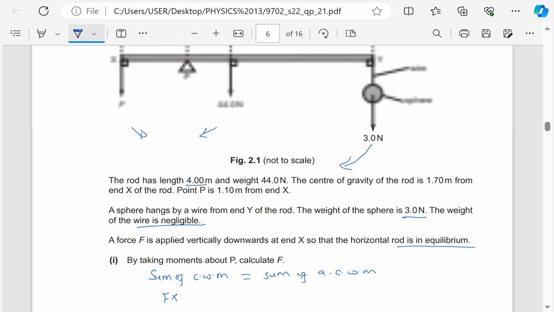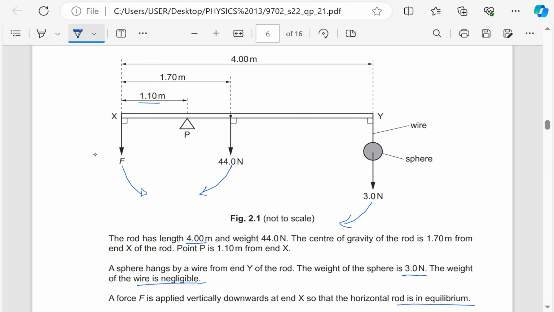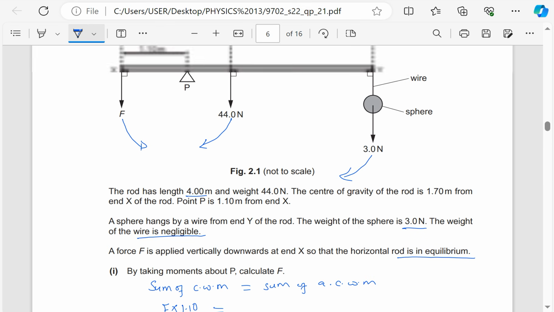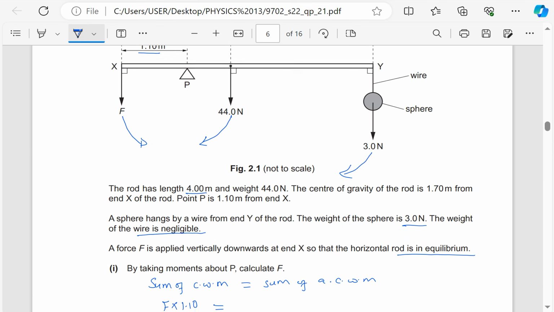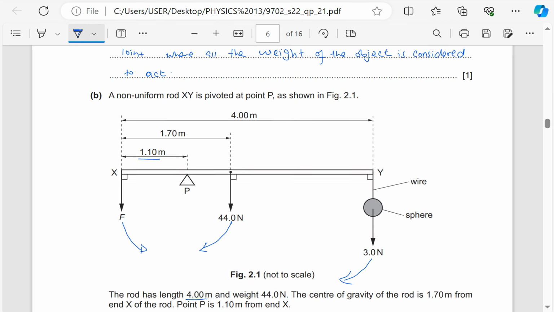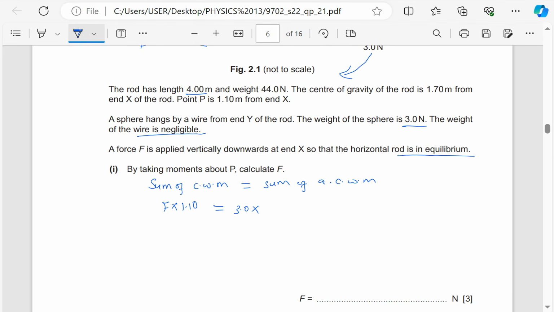So F times the perpendicular distance from the pivot, which is 1.10, should be equal to the sum of clockwise moments. I'll start with 3.0 newtons times the perpendicular distance from the pivot, which is 4 minus 1.10, which is 2.9 meters.